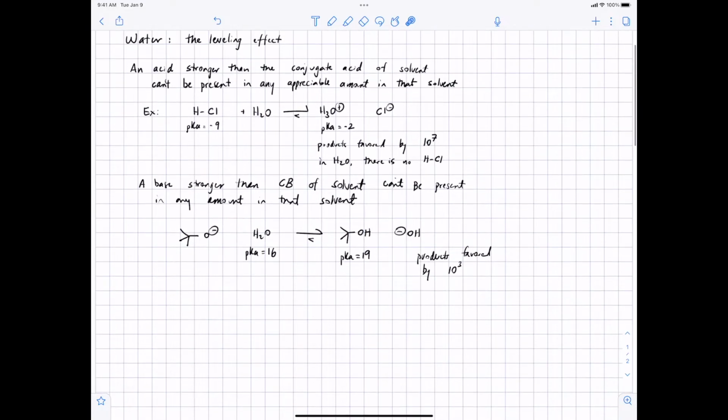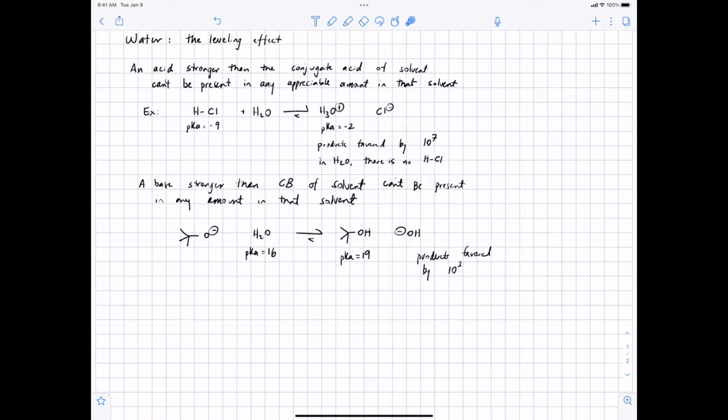So again, the principle is that if the solvent can gain a proton or lose a proton, then the pKa of the solvent's conjugate acid or the pKa of the solvent itself influences the acidity of what's present. And you can't have anything more acidic in water than H3O+. You can't have anything more basic in water than OH-. And so that also means that you can't measure the pKa of, for example, tert-butanol in water.